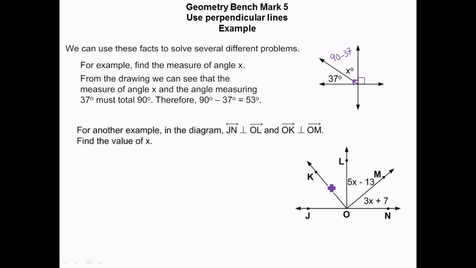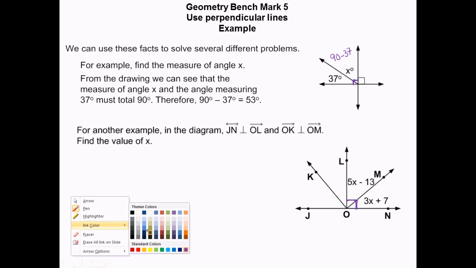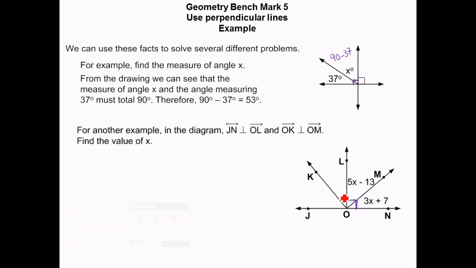Now, another one, we're not given any pictures of 90, but we're told that JN is perpendicular to OL. So here's JN, here's OL. So these two are perpendicular. And then I'm also told that OK is perpendicular to OM, which I'm going to do in a different color. These two are perpendicular. So I have two sets of perpendicular lines.